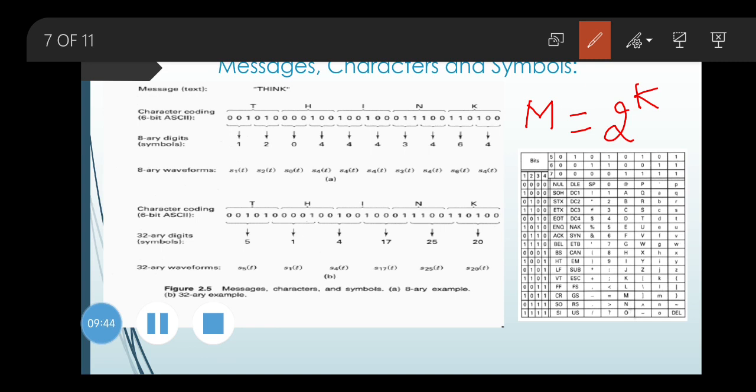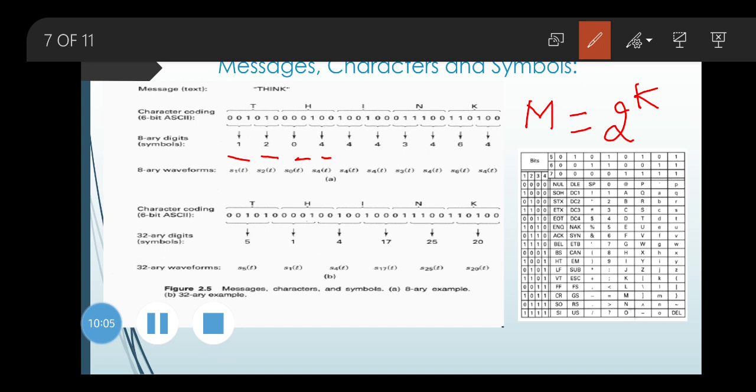Now you can also see the first group here is 001, which is 1, 010, which is 2, 000 is 0, 100 is 4. Likewise we went on representing those groups that we have made by their decimal equivalent value.